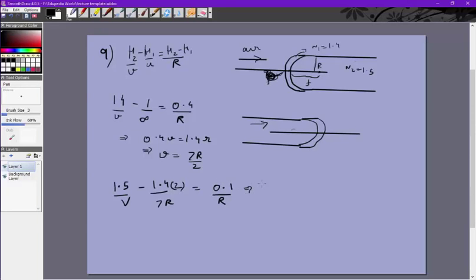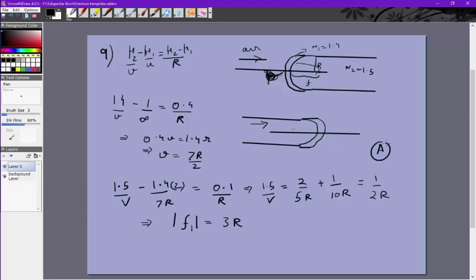Right. So this gives me 1.5 by V is equal to 1.4 by 7, this 2 by 5R, plus 1 by 10R, which is, this is 4 by 5R plus 1 by 5R is 5 by 5R, 5 by 10R, so 1 by 2R, which means final V, or rather mod F1, which is the final place where they'll come, is equal to 3R.